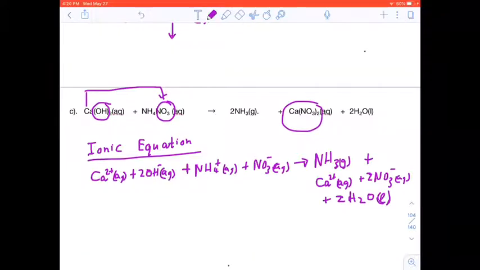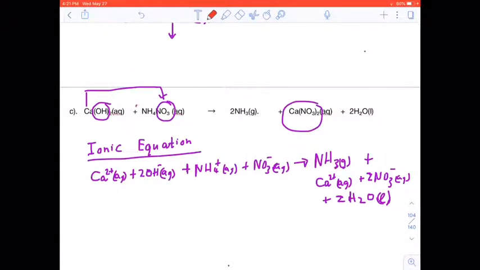Right, so if we look at this here now, we needed to balance this. Okay, there seems to be an error here.